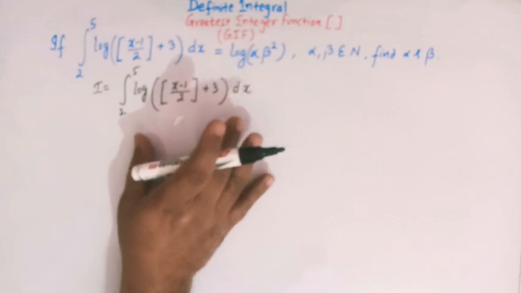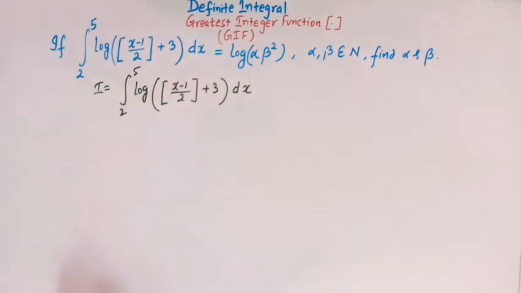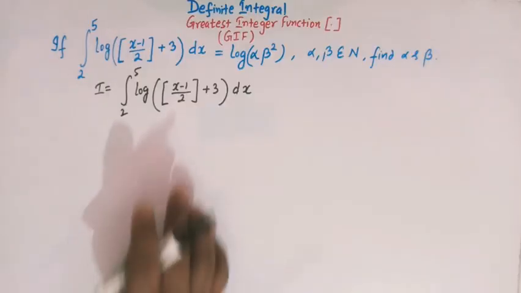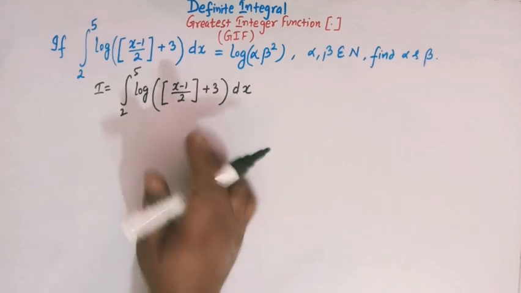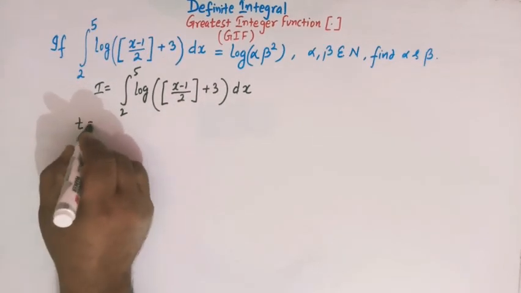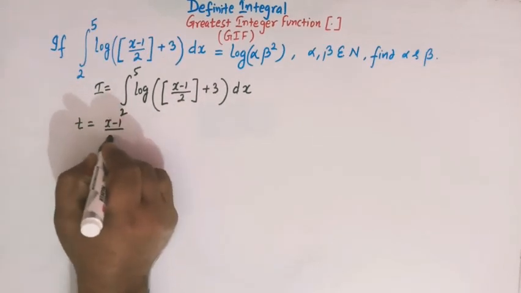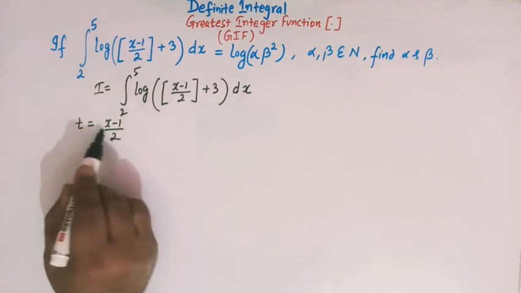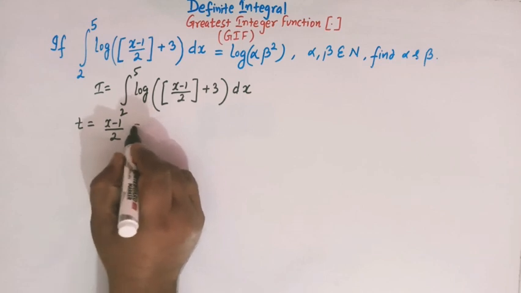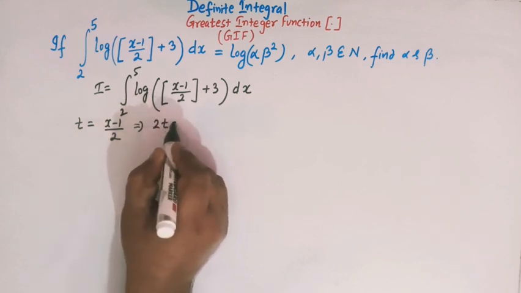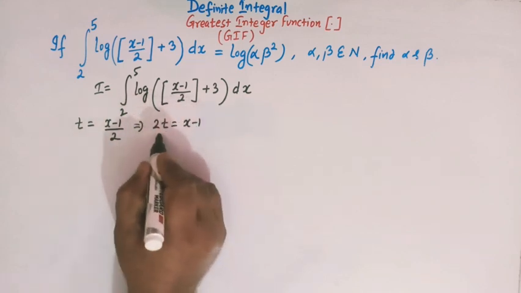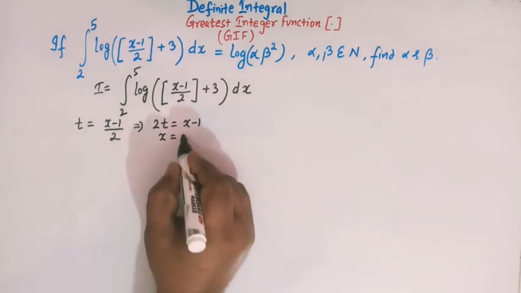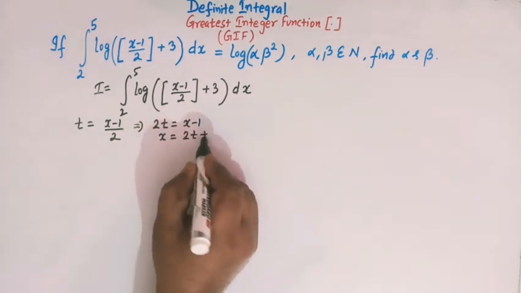Now we'll make use of the method of substitution, and we'll take t equal to (x minus 1) over 2. So 2t is equal to x minus 1, and x is equal to 2t plus 1.